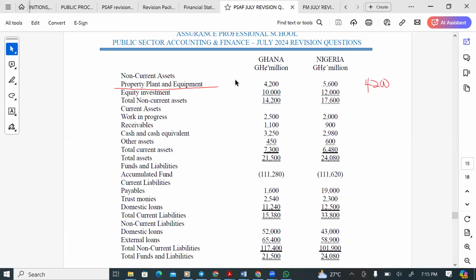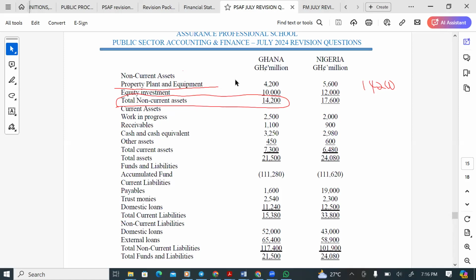Let me just pick the total amount. Ghana is 14,200. Okay, that is the total non-current assets. But not all of this amount will be expenditure on capital assets. If you are talking about capital assets, we are talking about maybe construction of roads, the infrastructure, those things that are going to be in assets.